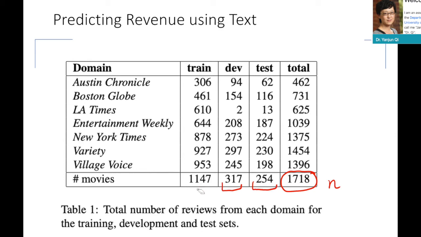Again, I emphasize: training is to optimize the loss function to get our model, and development is to do model selection and hyperparameter tuning. Test is to assess how your model works, model evaluation.